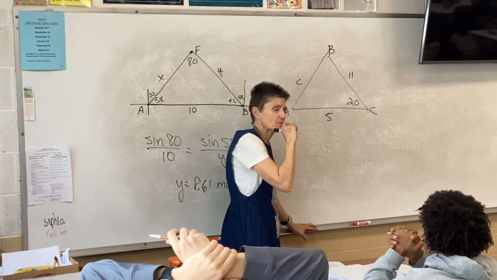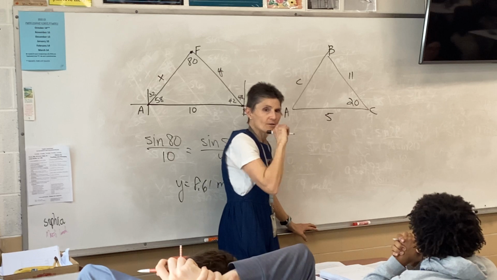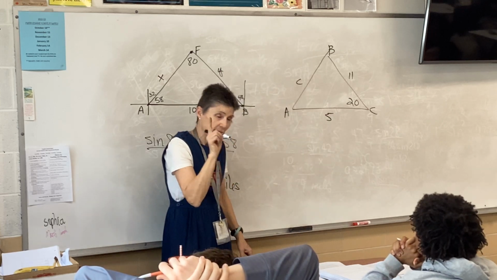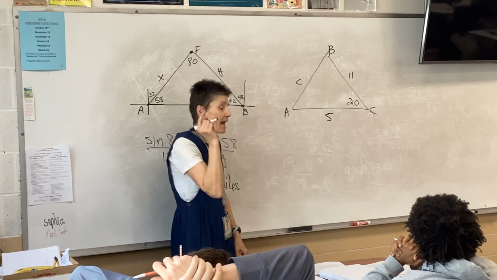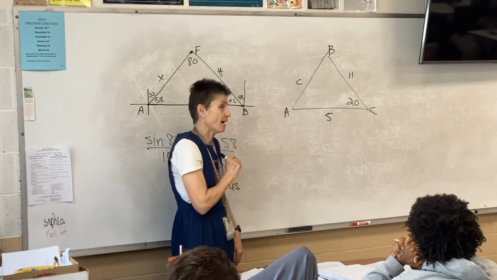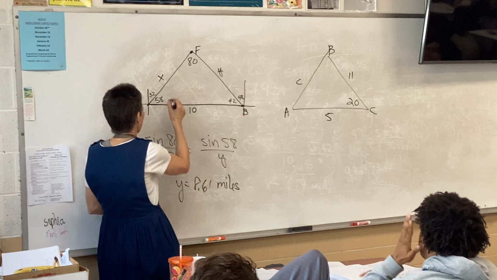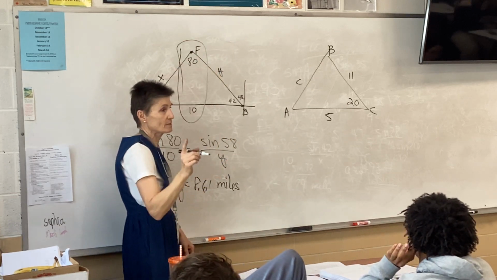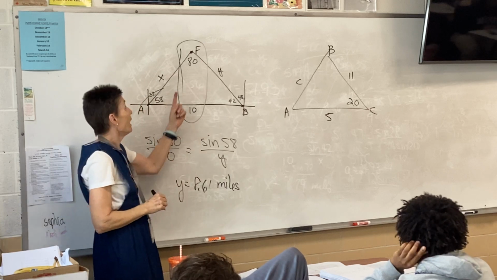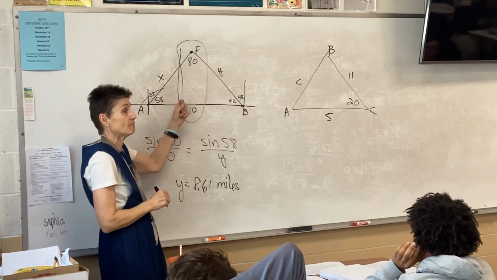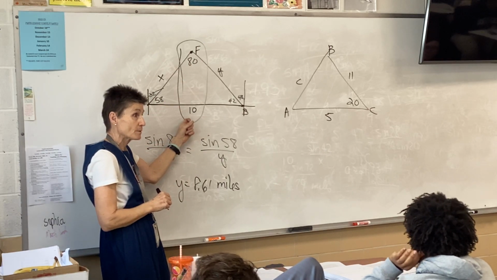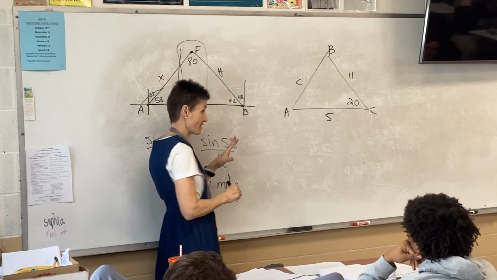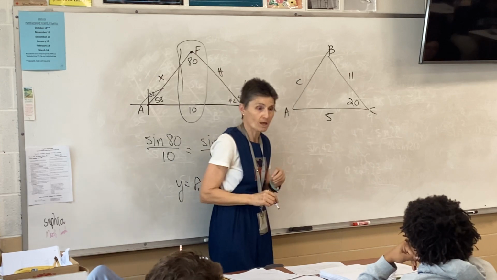There are too many variables. What I absolutely have to have for the law of sines is a pair. I don't want angle side side, but I need a pair. I've got to have angle A and side a, or angle B and side b. And if I don't have that, I can't do the law of sines.